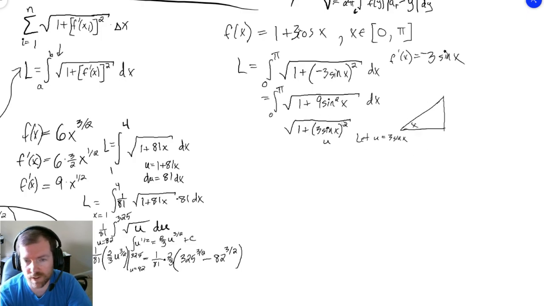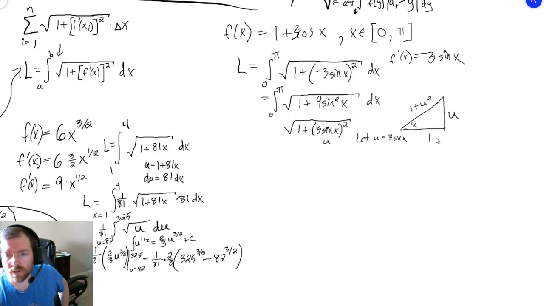So this is 1 plus u squared. If one of these is 1, one of them is u, then we end up with 1 plus u squared. It's the sine, so I think maybe I'll use the opposite for that one.